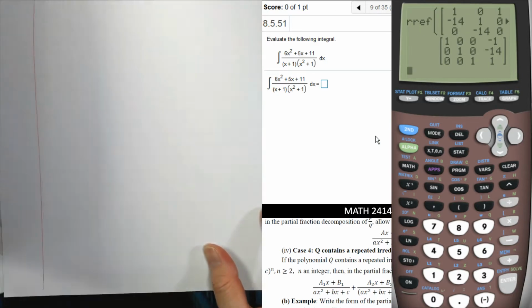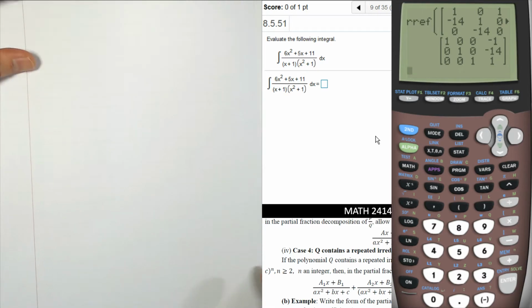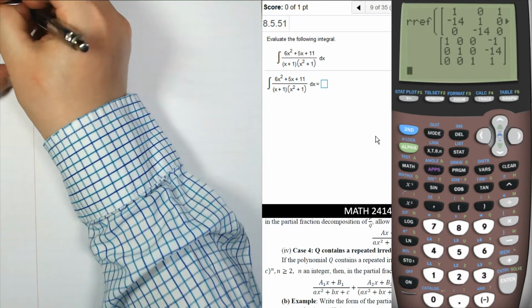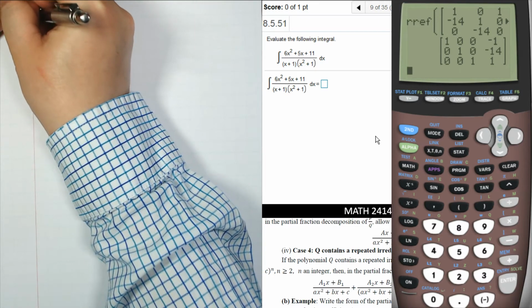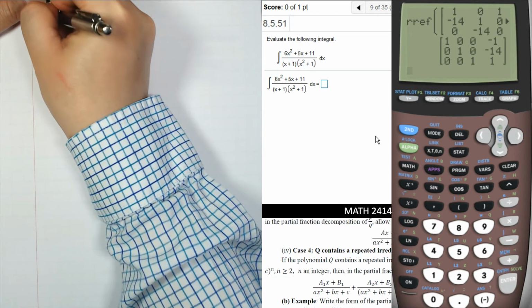Still partial fraction. It's number 9. Evaluate.